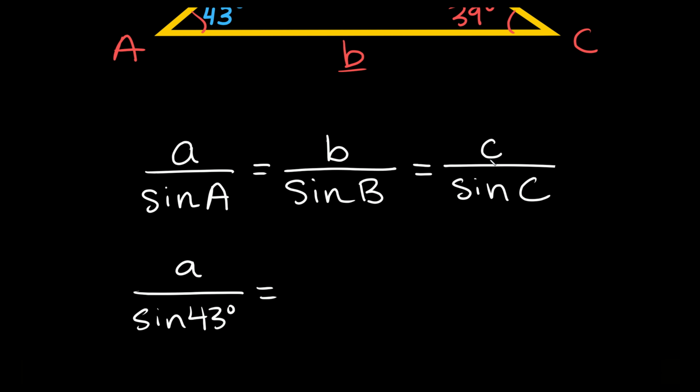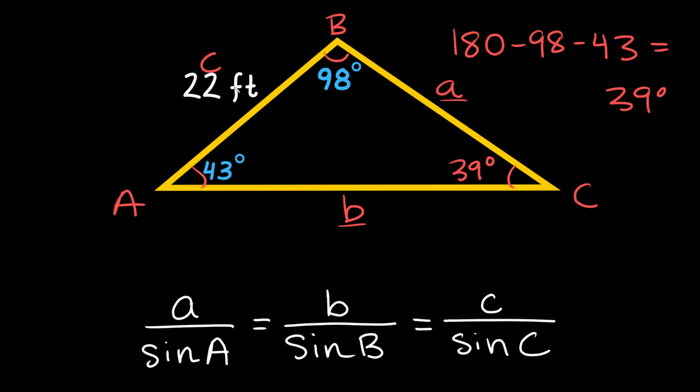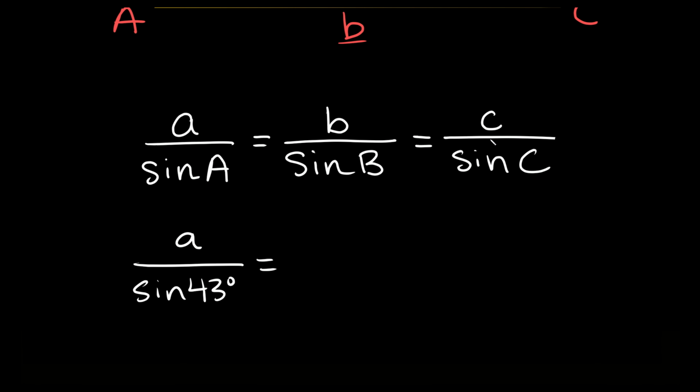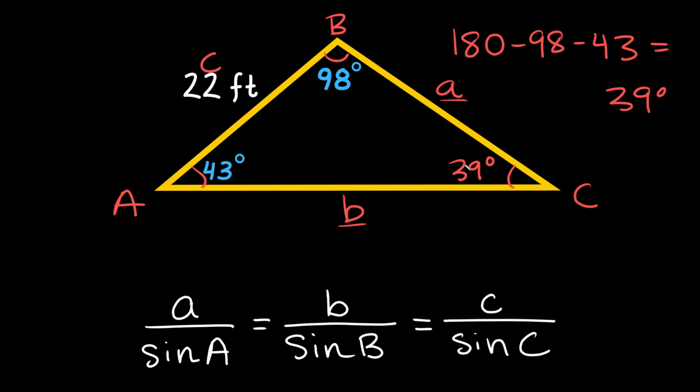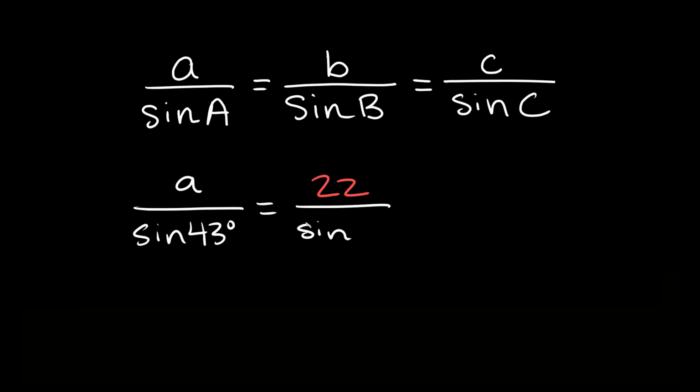Because we're given the side of C, right? So C, it tells us that it's 22 feet, all right? So we're going to set this equal to C over the sine of C, right? So C, again, is 22 feet, and that's going to be over the sine of angle C. And let's see, C, once again, was 39 degrees, right? So this is 39 degrees right there.